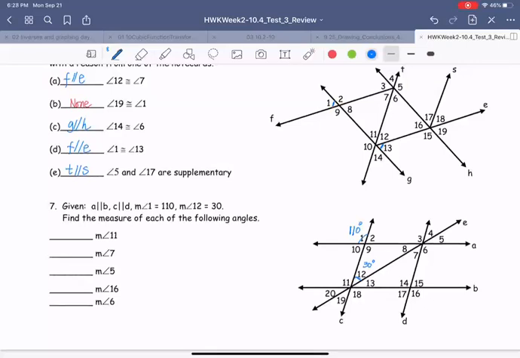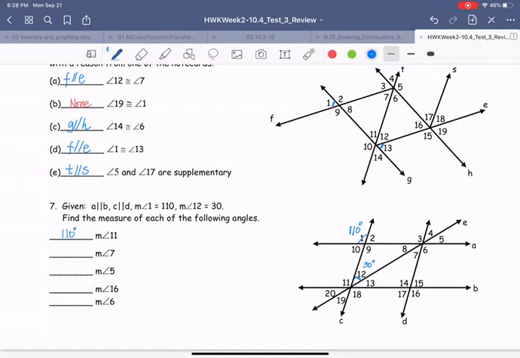Give it a try. Angle 11 should equal how much? 110, because these two angles are corresponding angles.